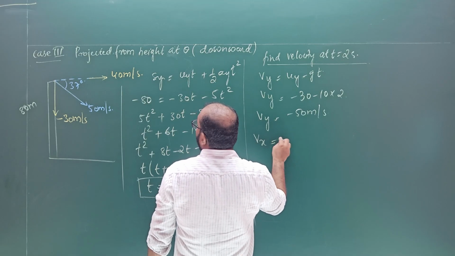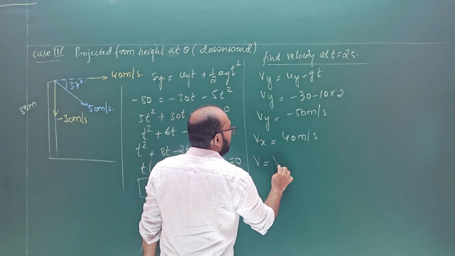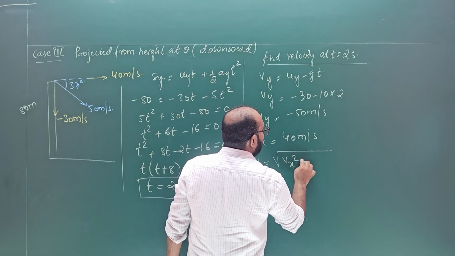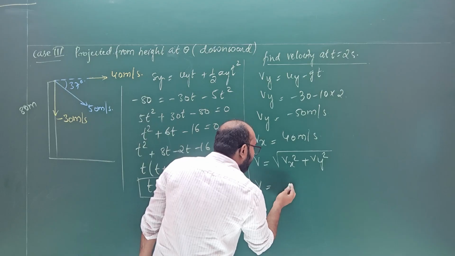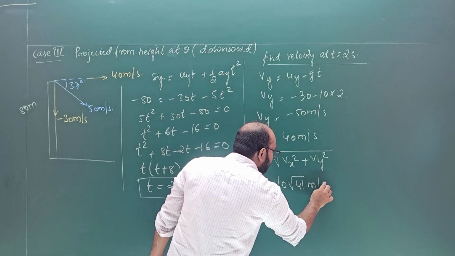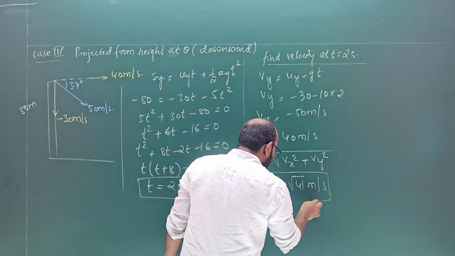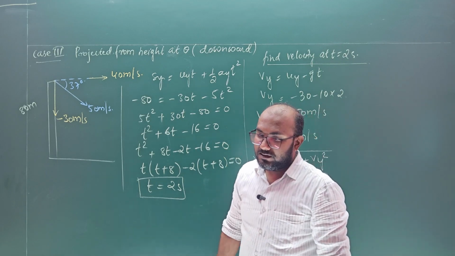Similarly, Vx is 40 meter per second. V is nothing but the root of Vx square plus Vy square, which is 10 root 41 meter per second. So now first write this, I will tell you the final conclusion.